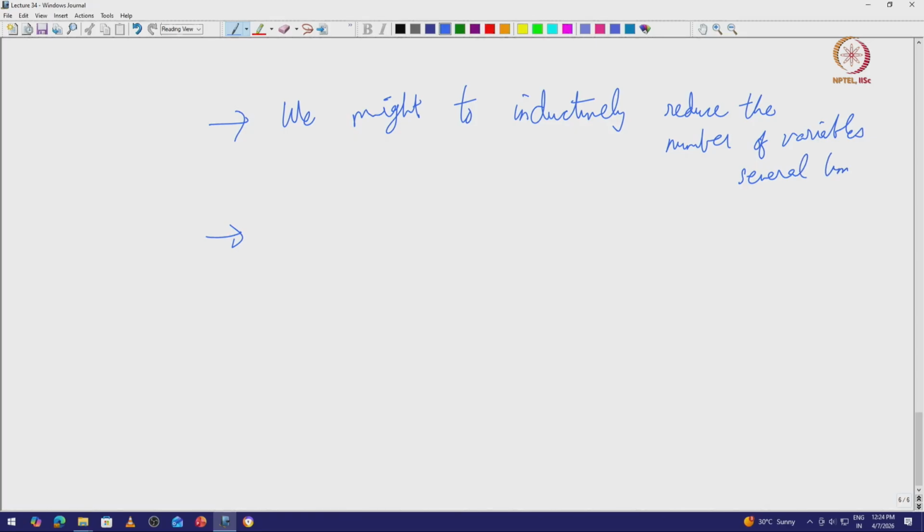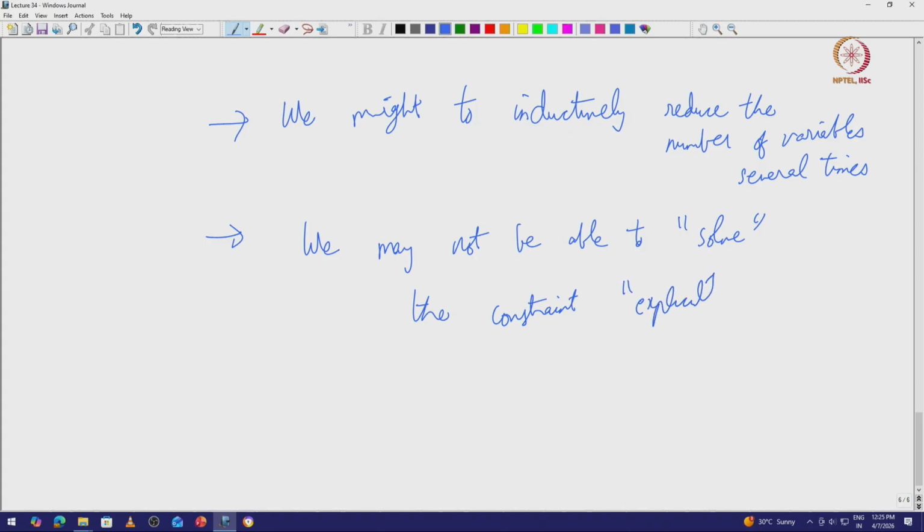This is one problem. The other is, we may not be able to solve the constraint explicitly. That is, we may not be able to solve for some of the variables in terms of the others by means of a nice little formula. But, so how can we handle this?